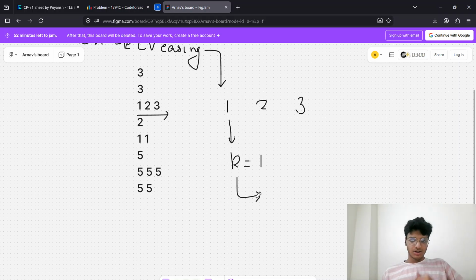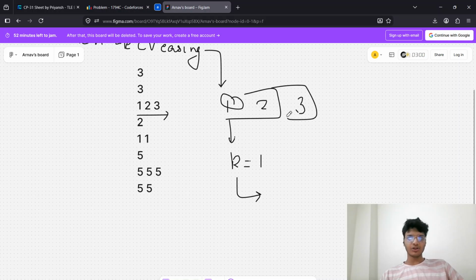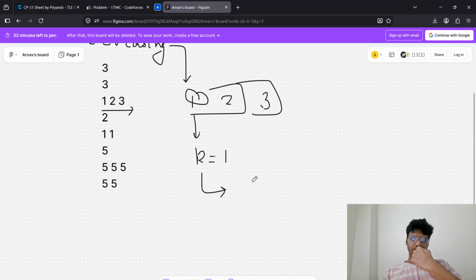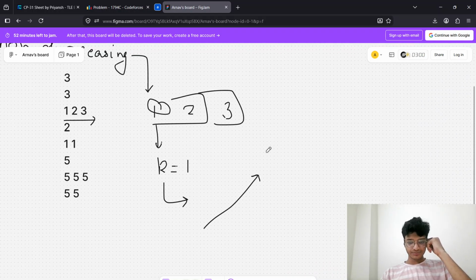So now we know k equal to 1, k equal to 2, and then k equal to 3. So how can we think now? First of all, it's a non-decreasing array. So it means that at A of K, it can be lesser than or equal to A of K plus 1.